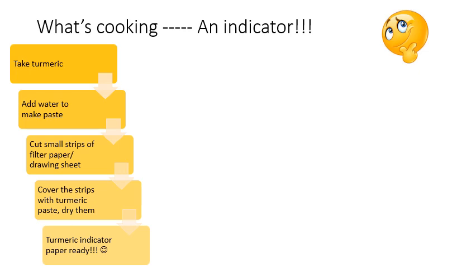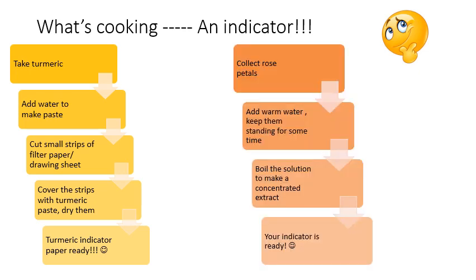Okay, there is somebody else in the class who says, I don't like turmeric at all. It is so yellow in color. Fine. You might as well collect rose petals, add warm water to them, let them stand for some time, and boil the solution. Now here you will have to take help of your elders.